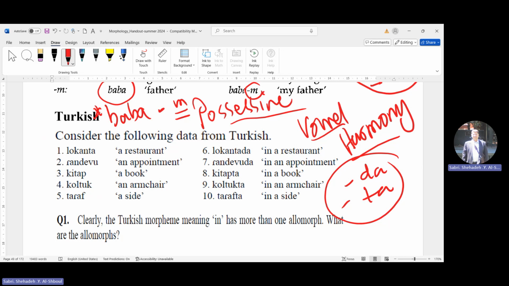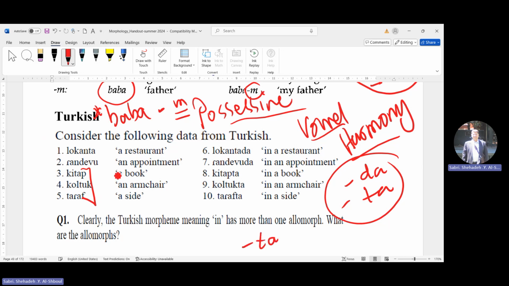We find, dear students, that for the locative state here, we have suffixation, and the suffixes are da and ta. We notice, dear students, that we should have a morpheme, and this morpheme has an allomorph. Typically speaking, we have the higher distribution in kitab, kultuk, and taraf, where we have ta, right?